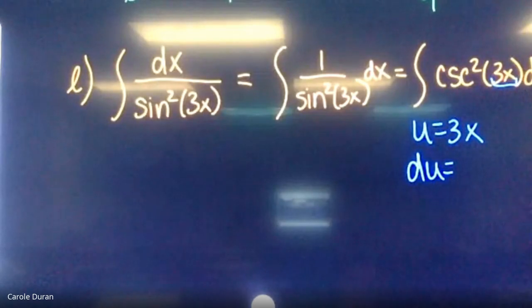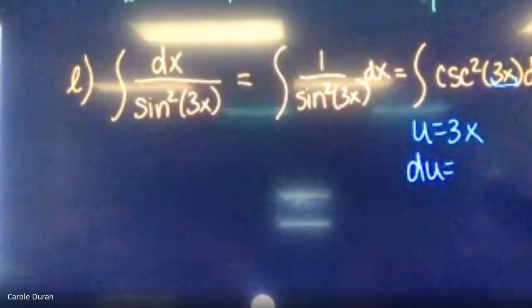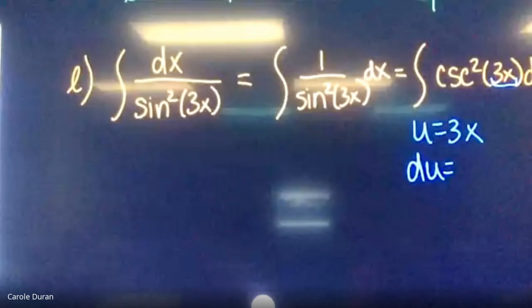Yeah, but shouldn't the inside function be cosecant 3x? No, not necessarily, because I'm treating this as one function, since its antiderivative is cotangent. I already know that. So I only have to worry about what got plugged into it. So basically, we did the last step first, instead of doing it at the end. We acknowledged the last step before we did the inside, yes.